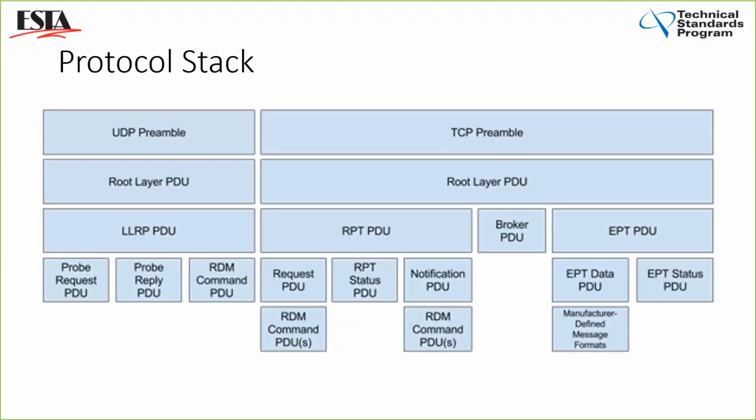If anyone's ever looked more deeply into how streaming ACN works, you'll notice that the top two rows of this protocol stack are shared with streaming ACN messages. The benefit is that it's a familiar interface for developers, and it allows some shared parsing code for people who have already written implementations of streaming ACN to transfer nicely to RDMnet messages.